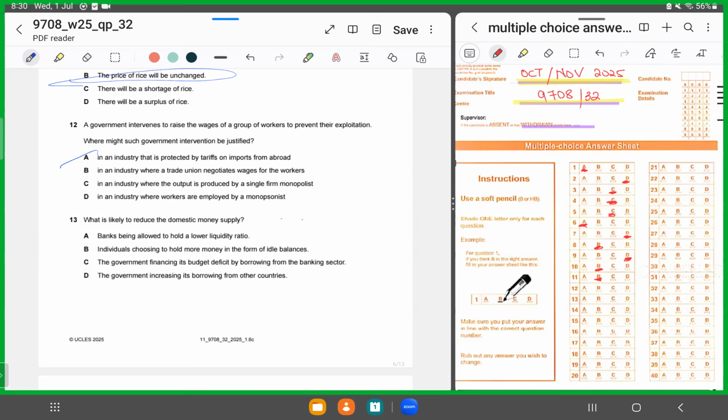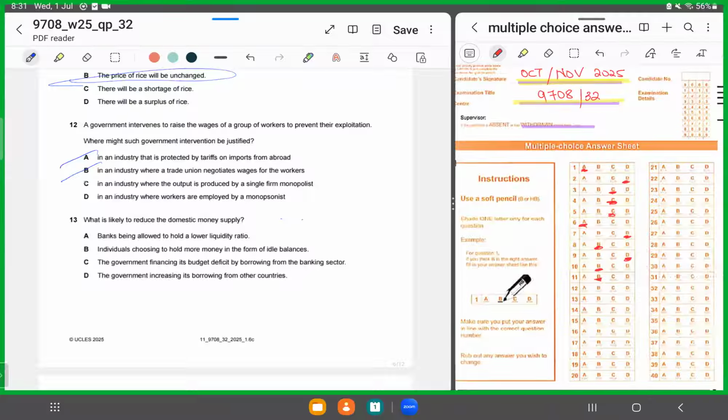B says in an industry where trade union negotiates workers' wages. So if trade union is already working, it won't be justified if the government intervenes. So it cannot be B. C says in an industry where the output is produced by a single firm monopolist. Monopoly refers to one single seller, not employer.